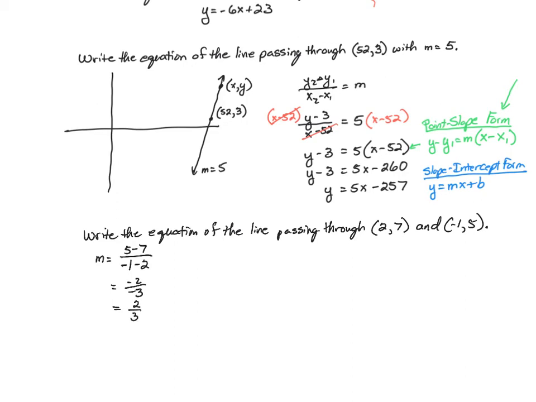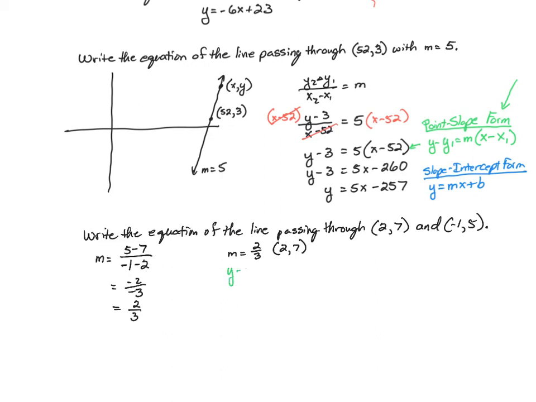So now we have the slope and we have a point. In fact, we have 2 points. You can choose either point you like. I'll just use 2, 7. So now here's the information we have. The slope is 2/3. The point is 2, 7. We're trying to come up with the equation of the line. Let me write the point slope form right here.